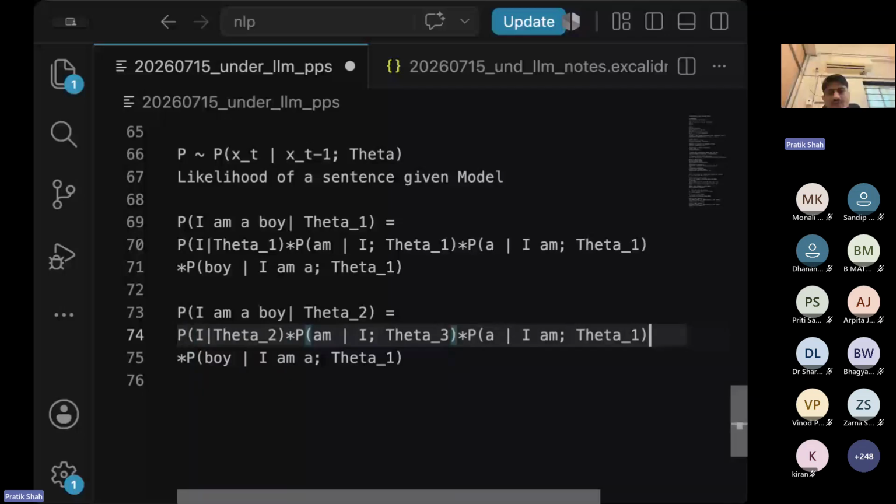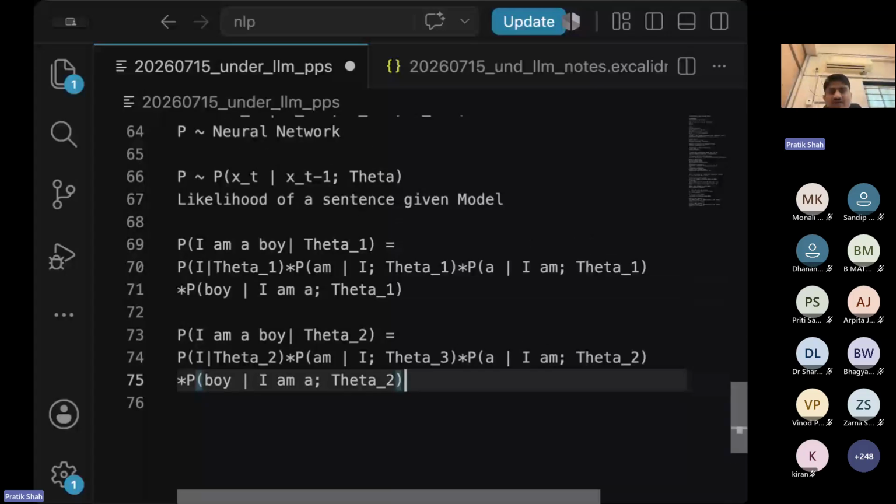How likely is it that this comes out of the second neural network? And then I can compare the first and the second probability values. Whichever is higher is more suitable for the text I am a boy. So if I have two different models with parameters theta 1 and theta 2, the one which gives higher likelihood for actual English sentences is a better model for my English language. This is called likelihood of a sentence.